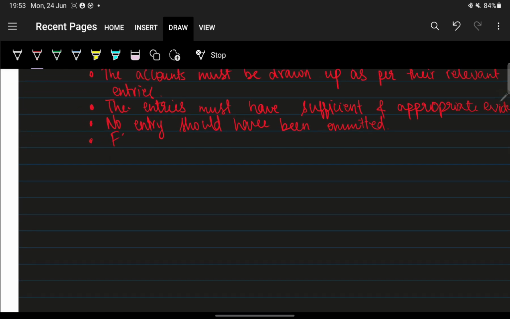Next, that financial statements should show a true and fair view of the financial information or the events of the entity.